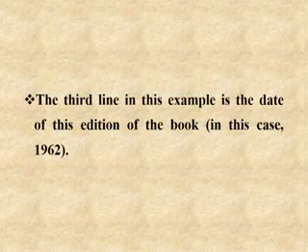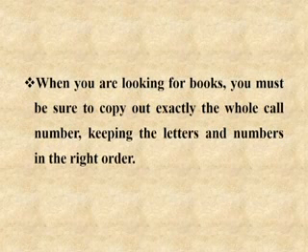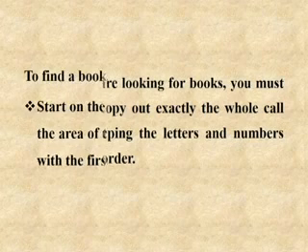The third line in this example is the date of this edition of the book, in this case 1962. When you are looking for books, you must be sure to copy out exactly the whole call number, keeping the letters and numbers in the right order.